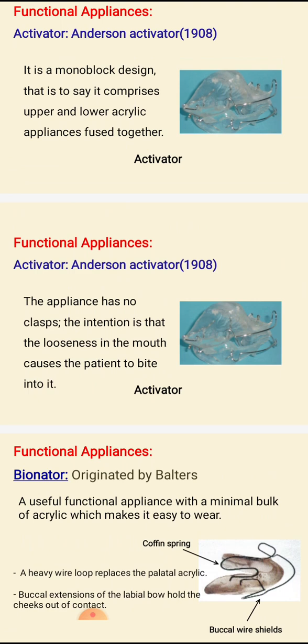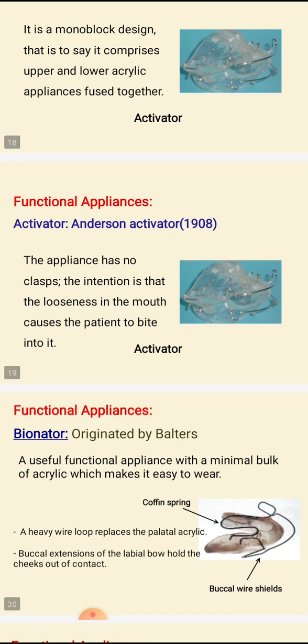The activator has no clasps because the intention is to use the forces of the facial muscles and the muscles of mastication. The looseness of the appliance in the mouth causes the patient to bite on it, activating the muscles. This stimulation of the muscles generates forces that are transmitted to the jaw and the teeth.